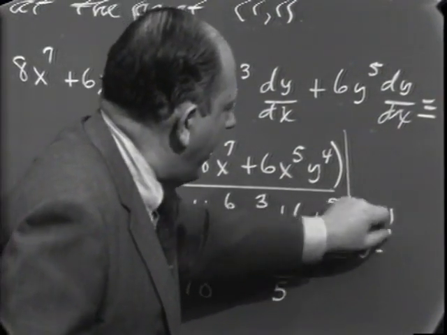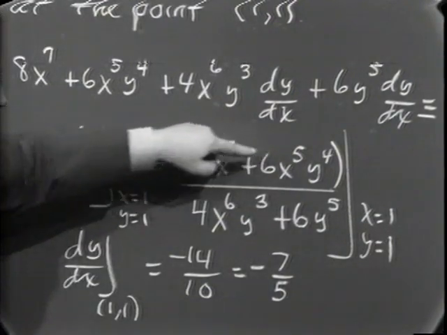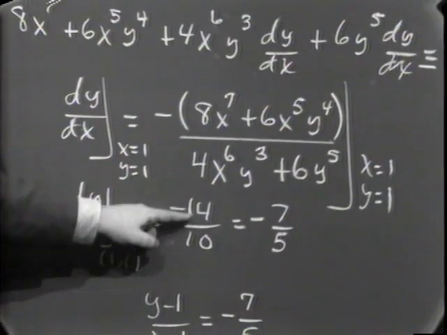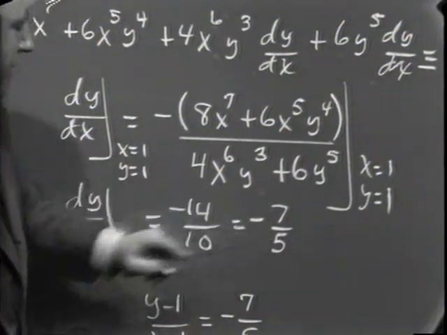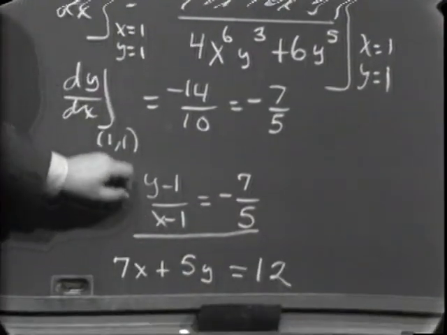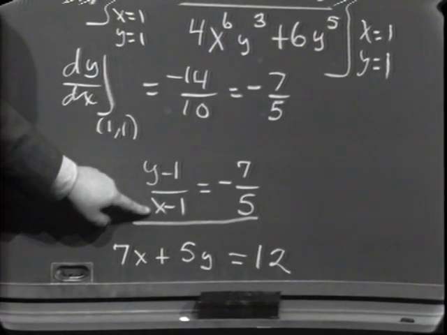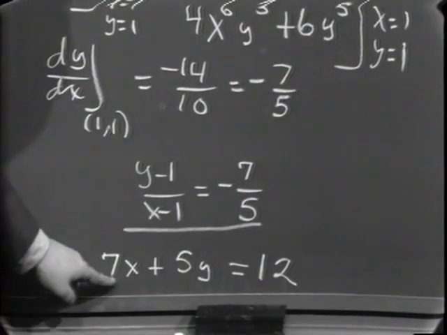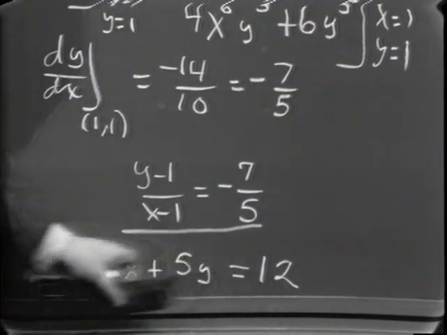And that works out very nicely computationally. It's just minus 14/10. In other words, at the point (1, 1), the slope of the curve is minus 7/5. The curve passes through the point (1, 1). Hence, its equation is (y minus 1)/(x minus 1) equals minus 7/5, or more explicitly, 7x plus 5y equals 12.